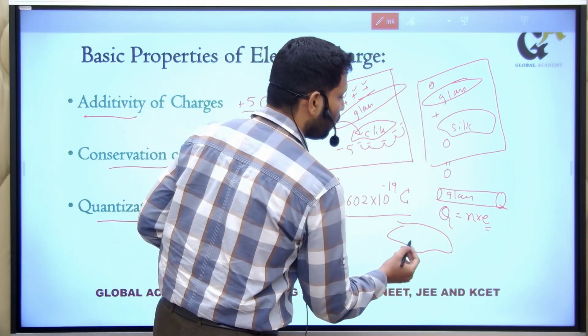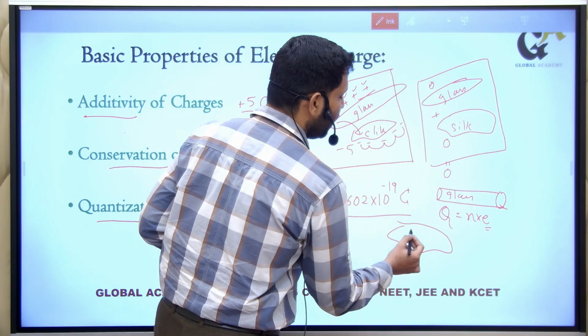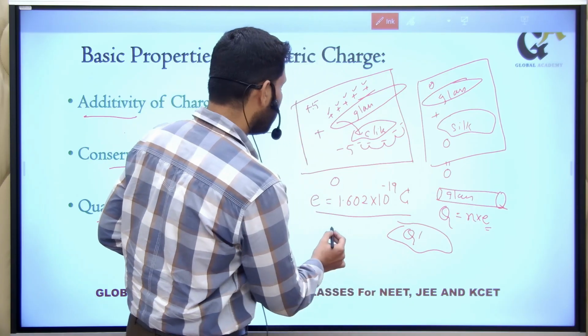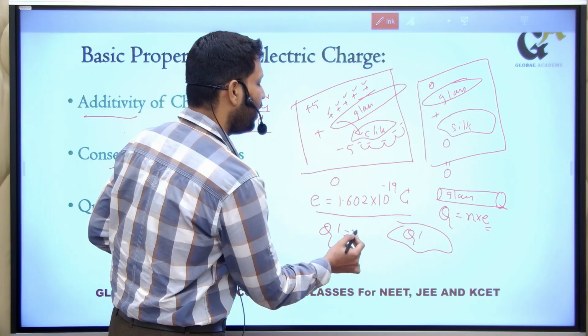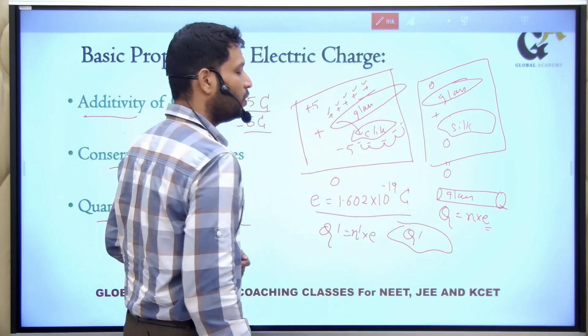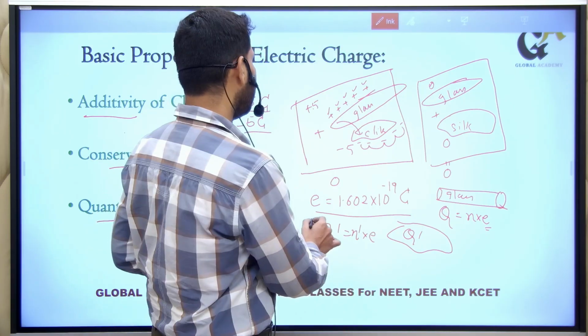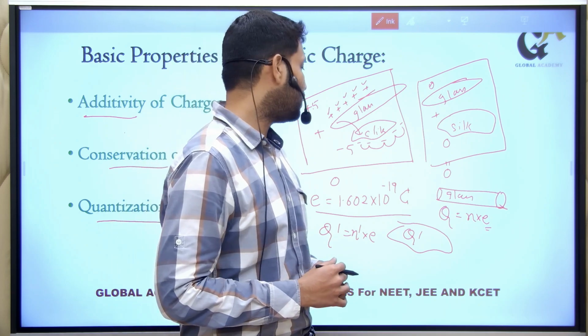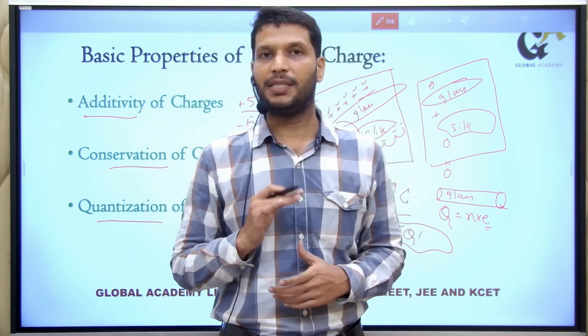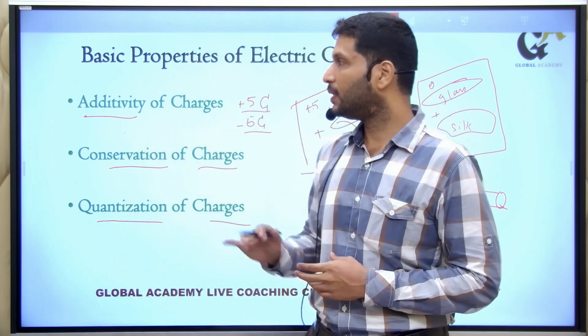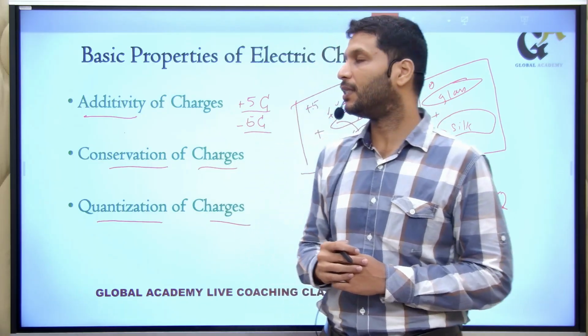The charge on the other cloth may be Q dash, which is N dash into e. Here the value of e is always fixed, that is 1.602 into 10 to the power minus 19 coulombs. So these are the basic properties of charges.